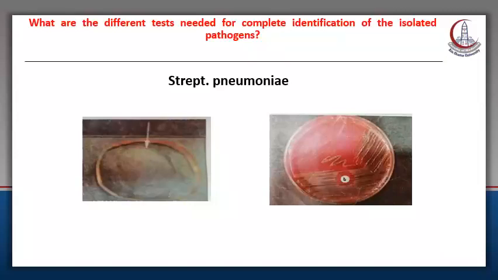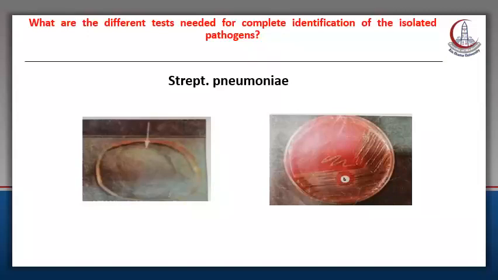So in the picture on the left side, the test is negative with no effervescence, so the organism is Strep pneumoniae. So don't forget the gram-positive cocci was on blood agar giving partial hemolysis. So the organism is gram-positive cocci with catalase negative and partial hemolysis on the blood agar. The next step to do is the optochin sensitivity test.